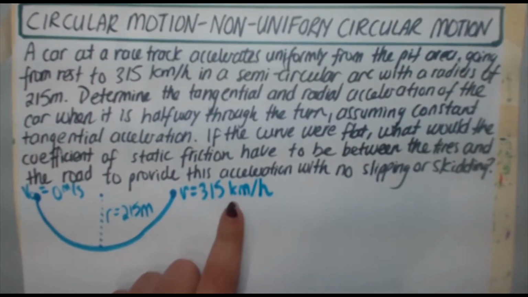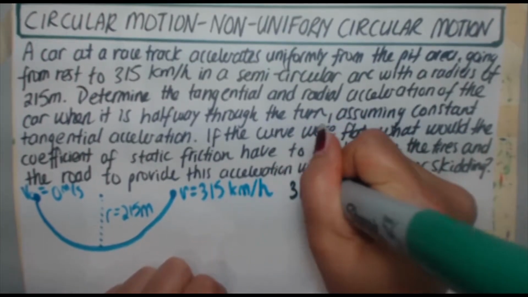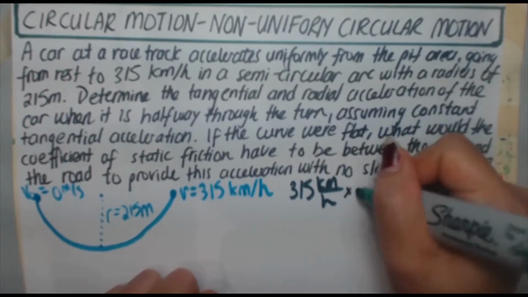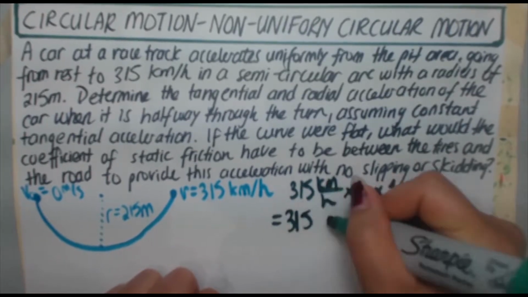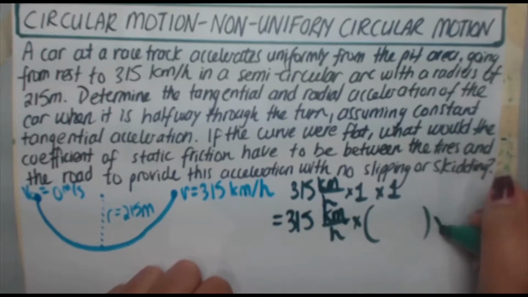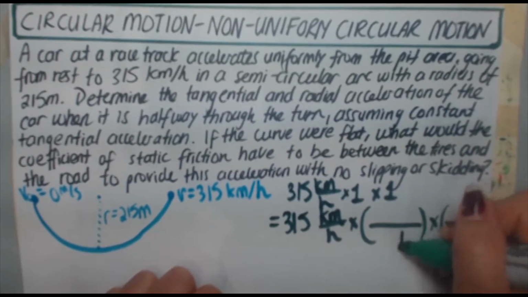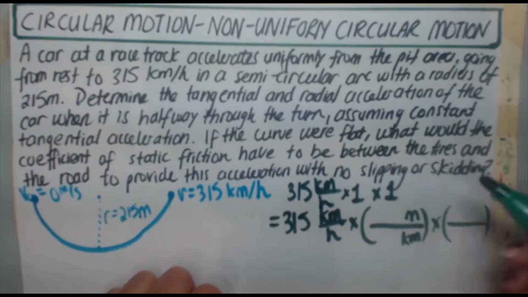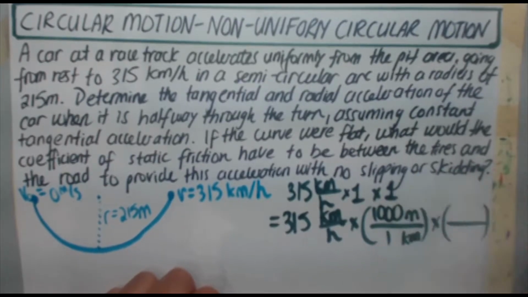So let's convert this over. 315 kilometers per hour. Remember, this is how we convert. We multiply by 1 twice, so times 1 times 1. Replace those ones with empty brackets that have blank fractions inside of them. For the first one, get rid of kilometers, so put it on the bottom, meters on top, that's what you're trying to get. The ratio of meters to kilometers that gives you 1 is 1,000 meters is 1 kilometer.